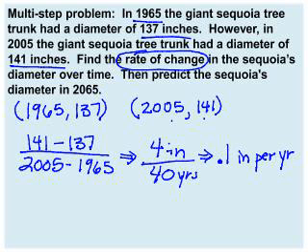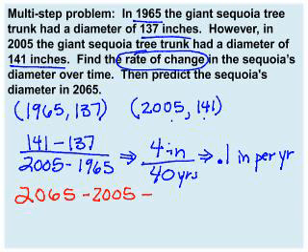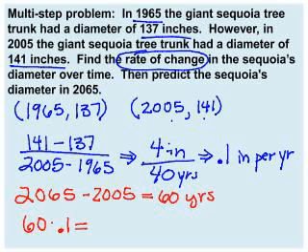But I also want to predict the diameter of the tree in 2065. So what I need to do is calculate how many years that is from 2005. So 2065 minus 2005, that's 60 years. So if it grows 1/10 of an inch every year over 60 years, that would be 60 times 1/10 of an inch, and that would be 6 inches.